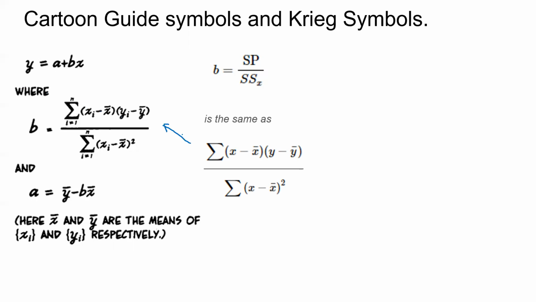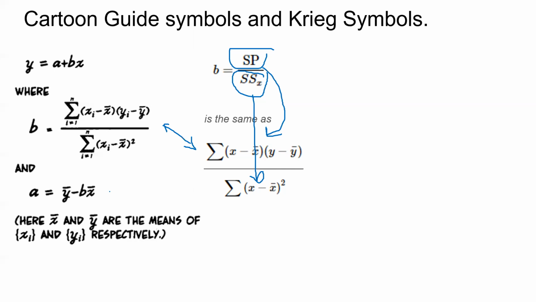Okay, so these two things are the same, and this is this piece of the formula right here, and this is this piece of the formula right there. So Krieg gives you this small piece, and then he explains what SP and SS sub x mean. This is the cross product sum, and this is the sum of the deviations around the independent variable squared.